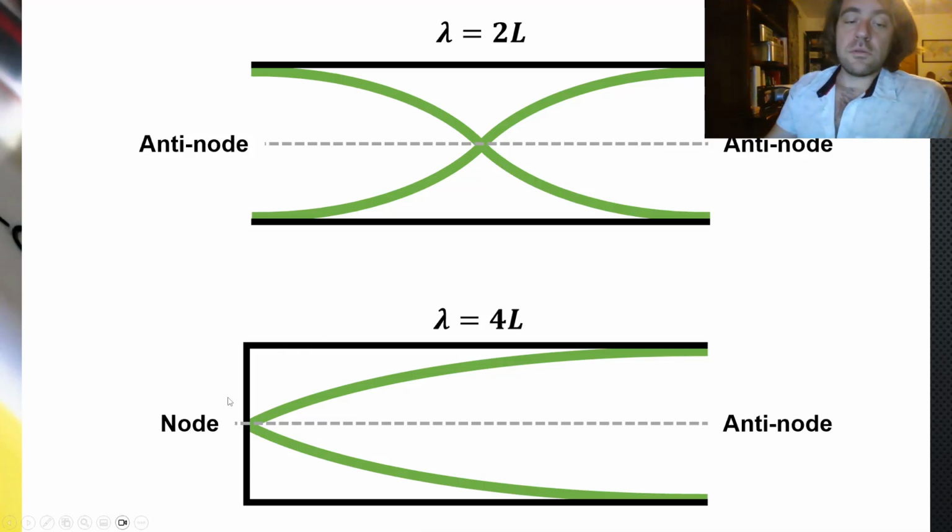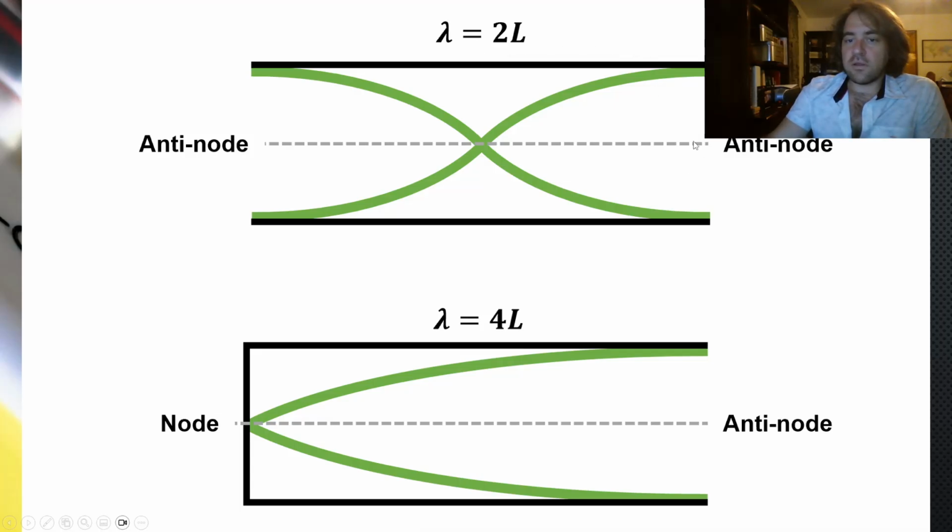Here's a node. They're calling this an antinode. We're calling it a max. It is actually more accurate to call it an antinode, but we'll just call it max, node and max. And here's the tube open at both ends. Remember, again, we're looking at velocity.